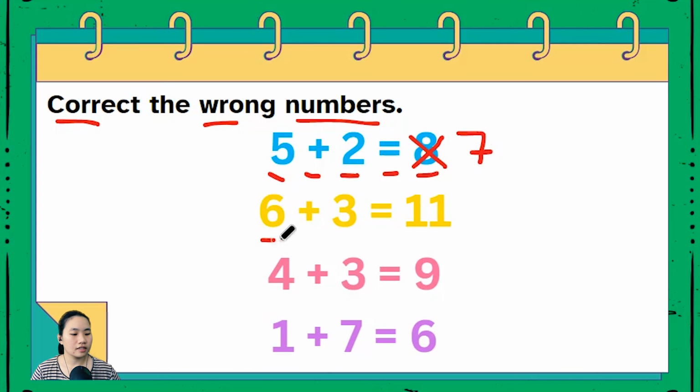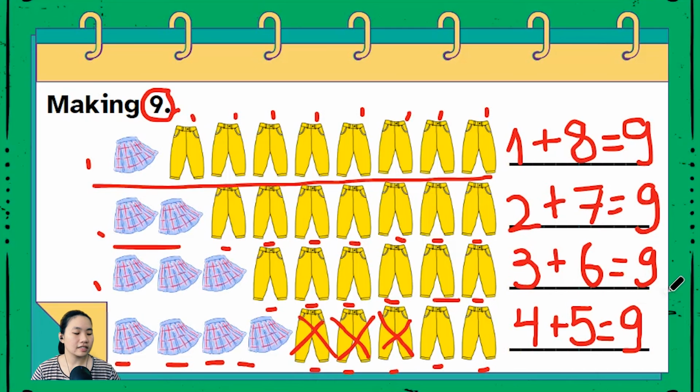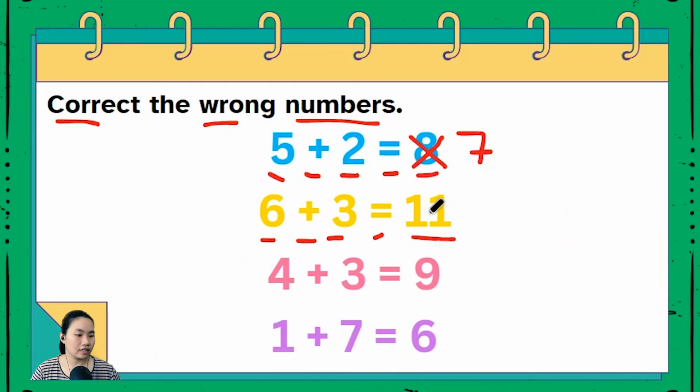Okay, 6 plus 3 equals 11. Is that correct? Well, no. If you remember in this skirt and pants slide, 3 plus 6 equals 9, okay? It is not 11, it is 9.